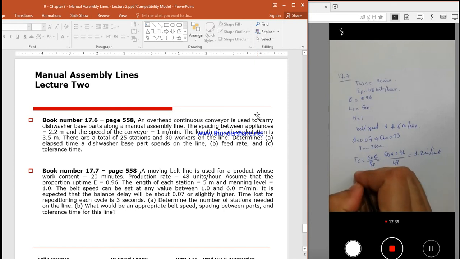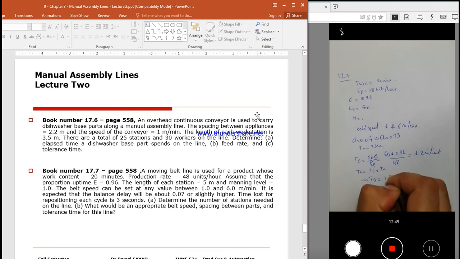We know TC equals TS plus TR. Service time equals 1.2 minus the TR value, which is 3 seconds. That is 1.2 minutes minus 0.05 minute, since we change seconds to minutes. So TS equals 1.15. The EB equals 0.93.